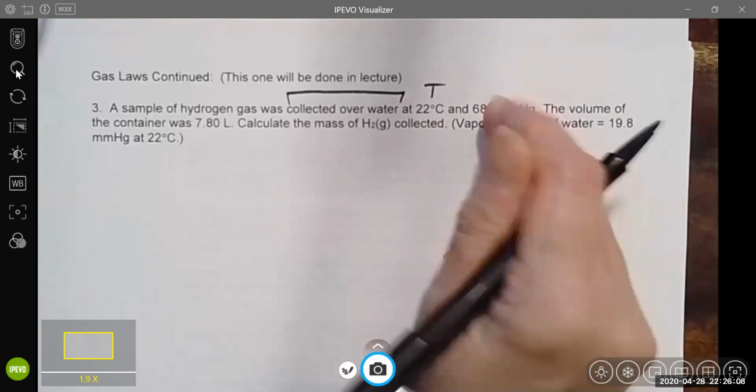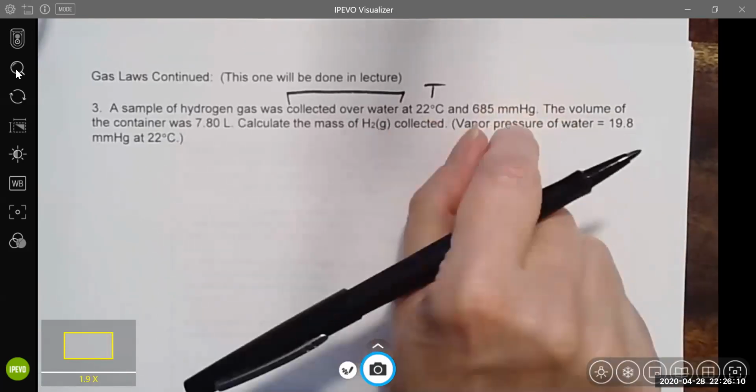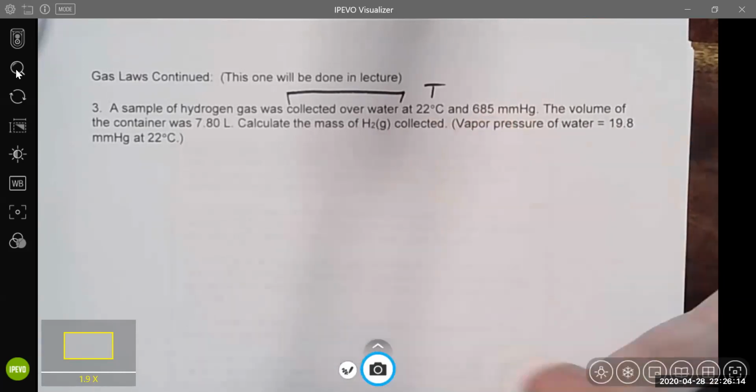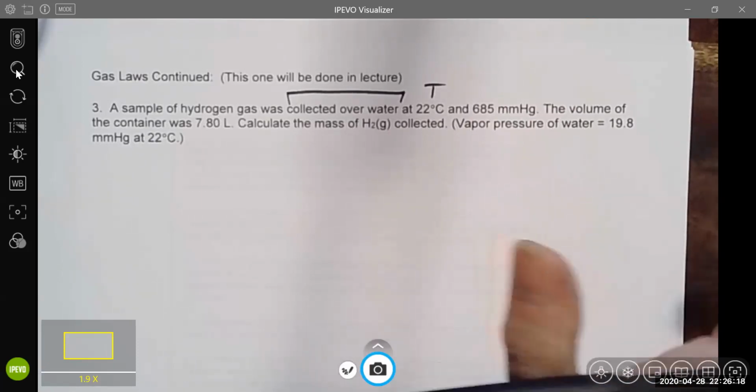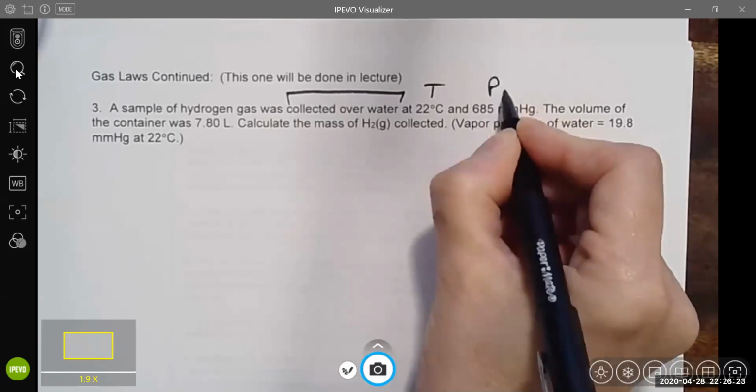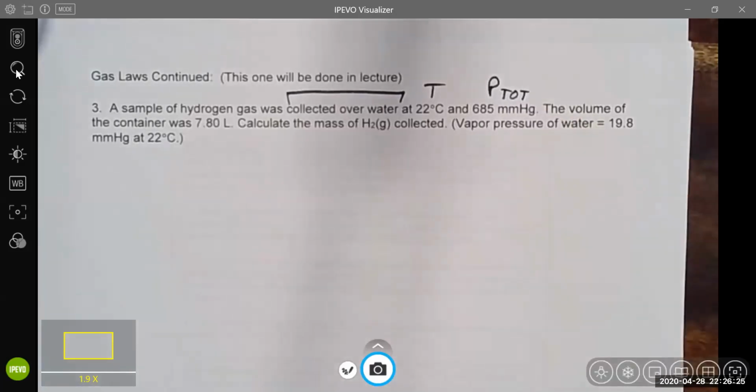And this is 685 millimeters of mercury. That's a pressure. If it says it's collected at this pressure, that means they've measured the pressure of the air around it, and therefore it's actually the same as the pressure inside, and that is the total pressure. So the key is, unless they specify it's the pressure of one particular gas, it's the total pressure.